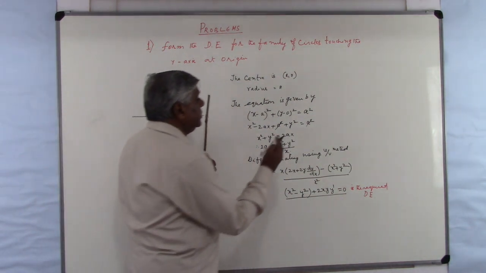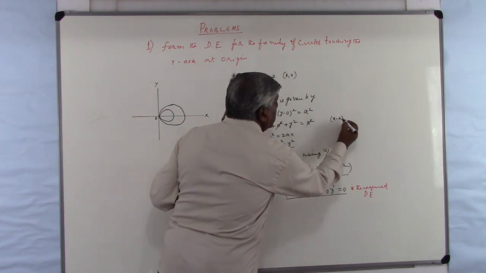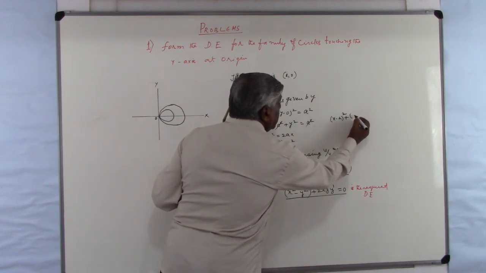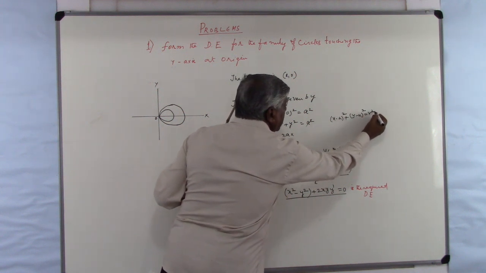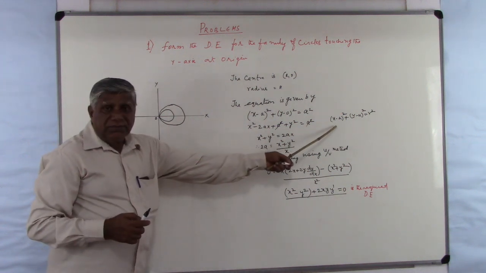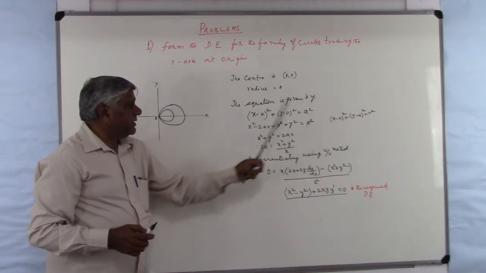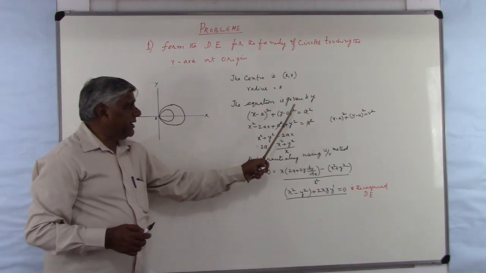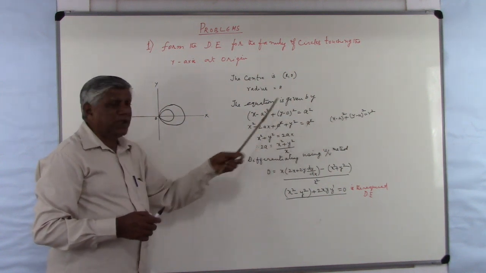See, here we are using the equation of the circle as (x minus h) whole square plus (y minus k) whole square is equal to r square. We are making use of this formula here. So, x minus h is x minus a, y minus k is y minus 0 here.